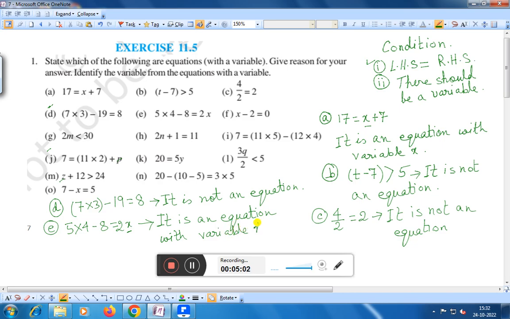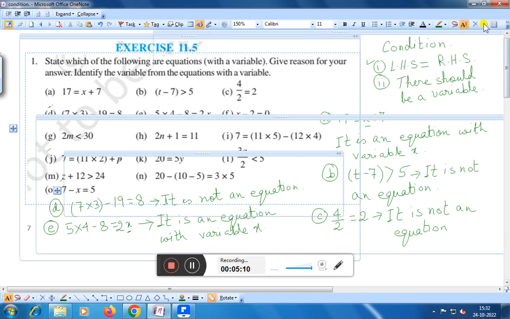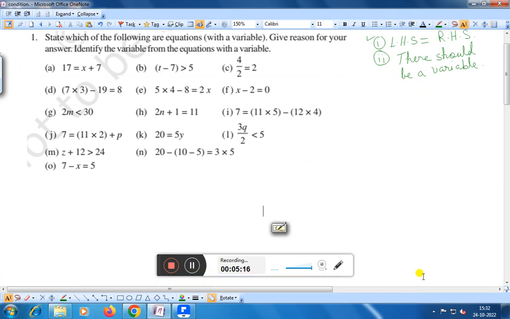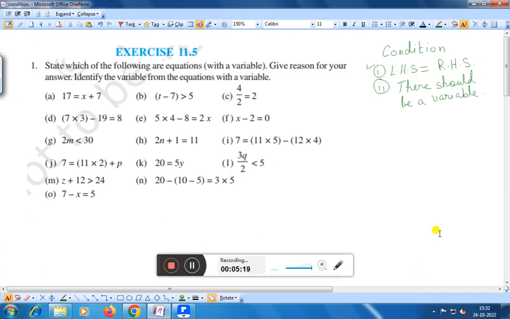Now question number F. Let us solve question number F. Here question number F, you see, it is x minus 2 is equal to 0.